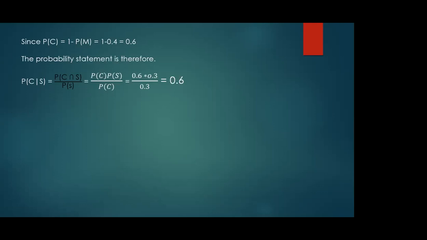We know that they're independent of each other, so based on independence, the probability of C intersect S is the probability of C times the probability of S. We know the probability of C is 0.6 based on what we calculated, times the probability of S we were given, which is 0.3, divided by the probability of S, which is 0.3. All you have to do is cancel this, and we're left with 0.6.